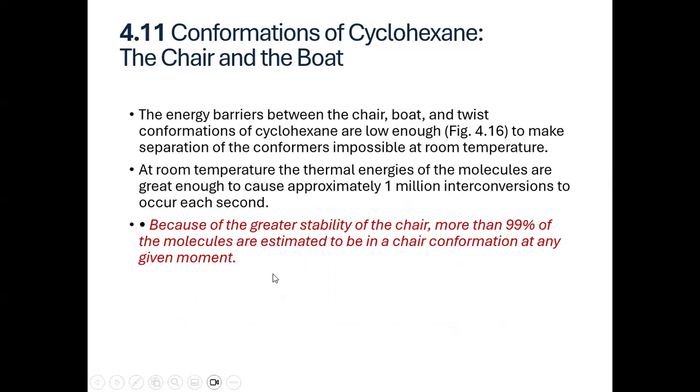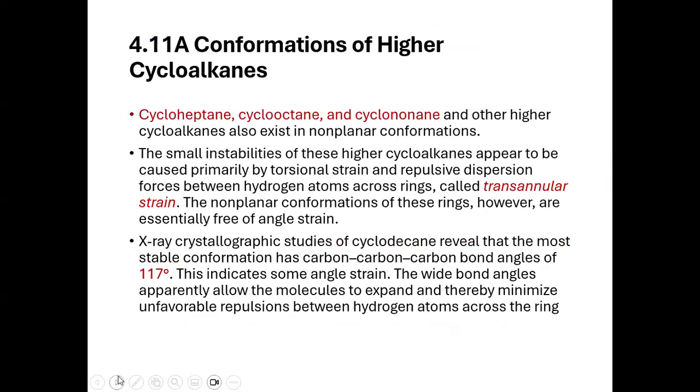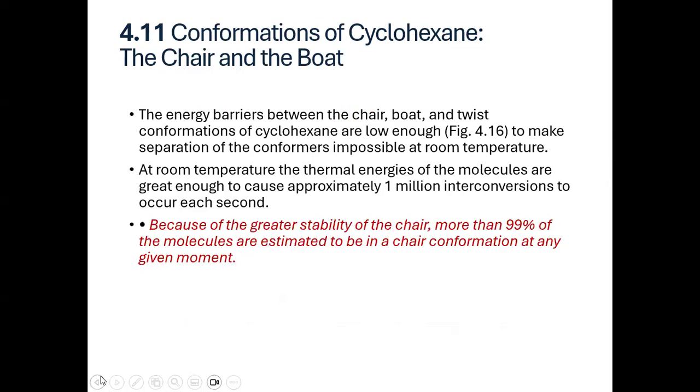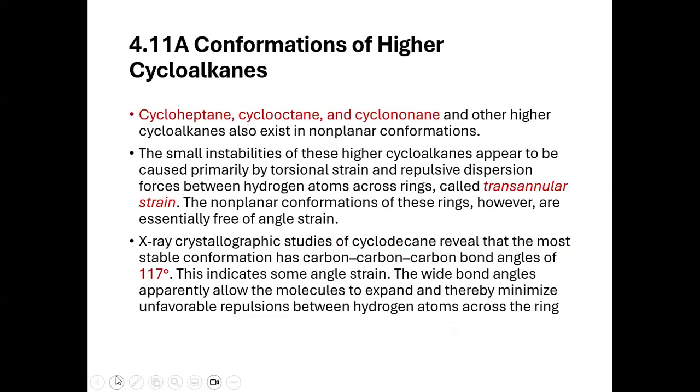In fact, 99% of the molecules are estimated to be in the chair conformation. There is no angle or torsional strain, as we can see especially in the staggered conformation of the atoms in cyclohexane.